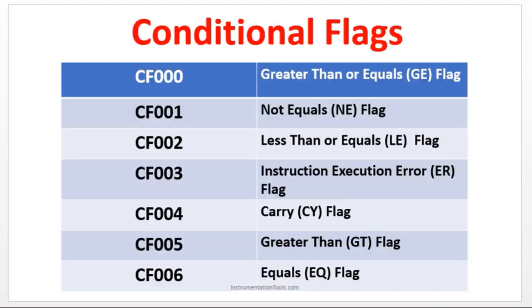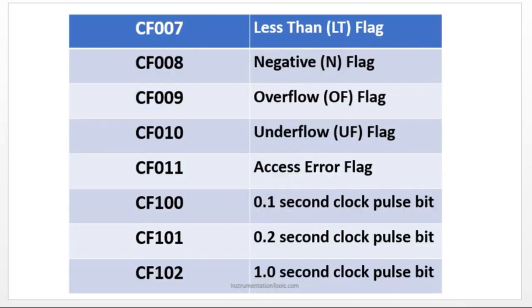And along with these registers and addressing, we have some flags for the Omron PLC. These flags will be default. If you are in need of any flag in your program, you can make use of it. For example, if you are using this particular flag, it means the greater than flag. If you want to compare any two values, you can put this flag in between. You can check.